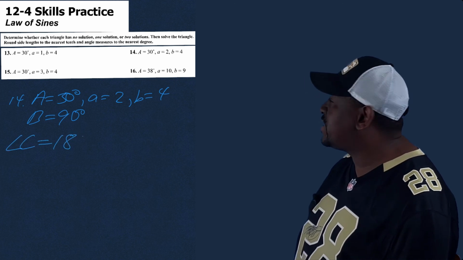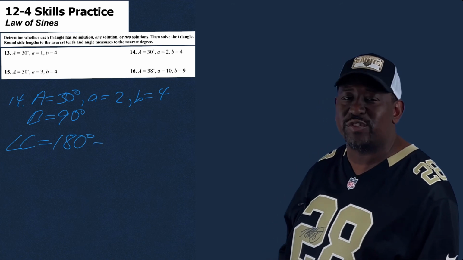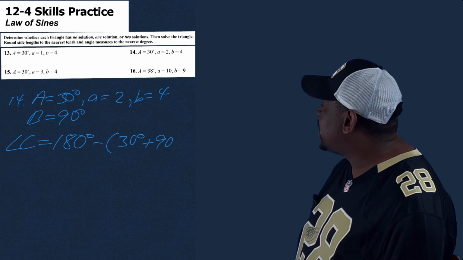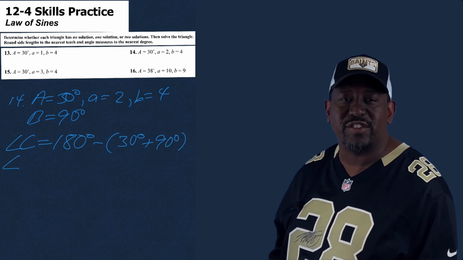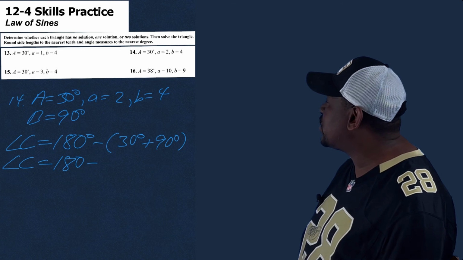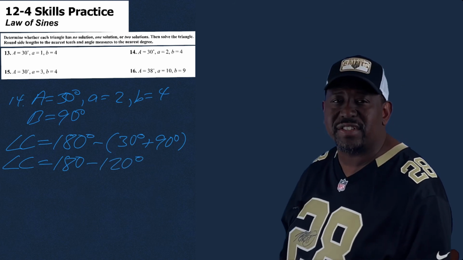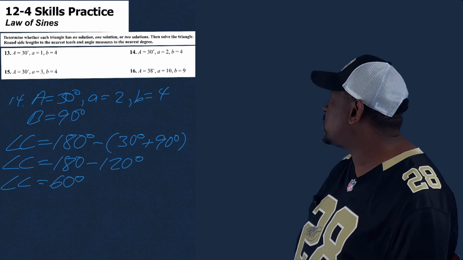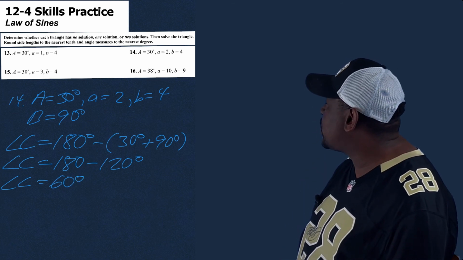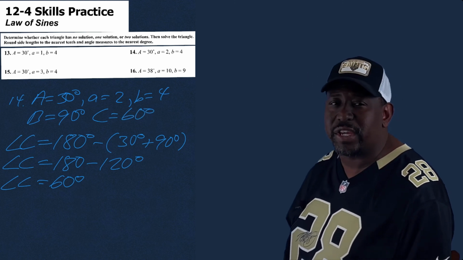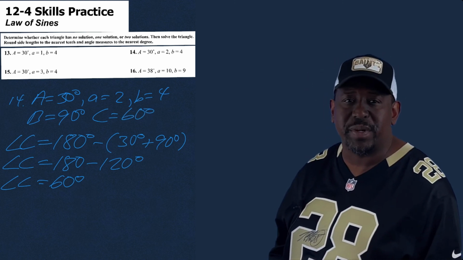So yes, it's just like I said, we're looking for angle C. We're going to add the two angles that we're given, and we're going to subtract it from 180 degrees. That's 180 degrees minus 120 degrees. That will give us angle C's value, which is 60 degrees. And now all we need is side C, and so we can use the law of sines, which we've been doing.